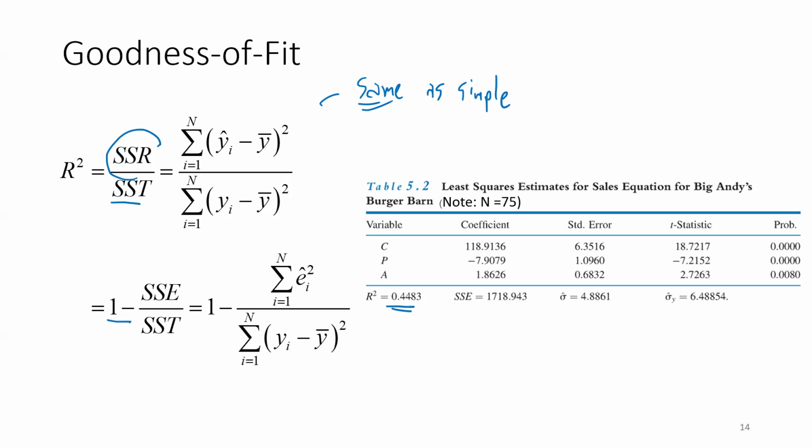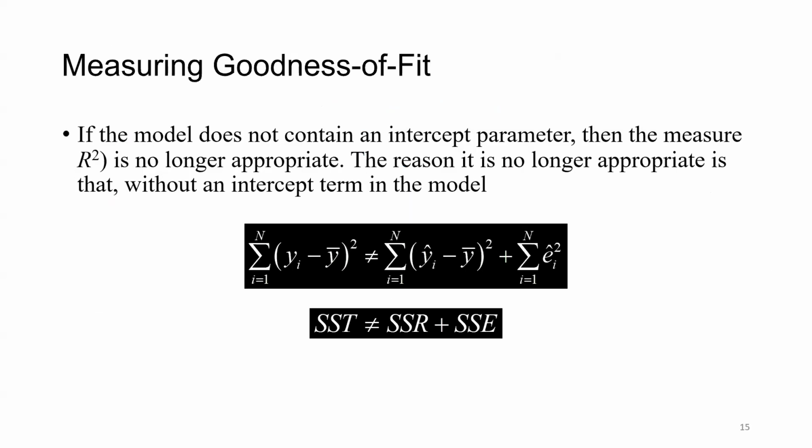However, be careful in the future: if the model does not contain an intercept parameter, then the measure of R squared is no longer appropriate because SST will not equal SSR plus SSE.